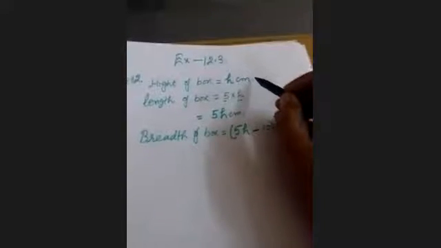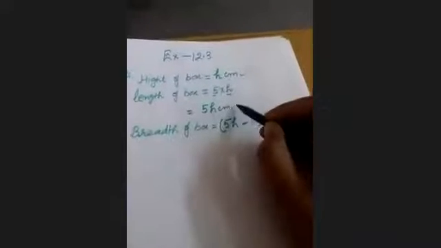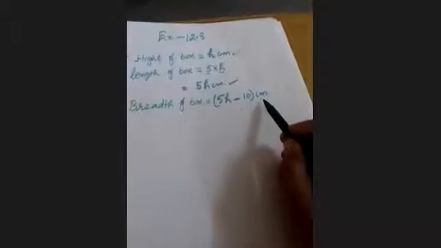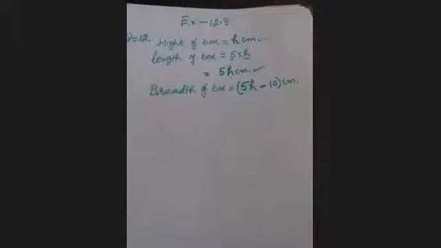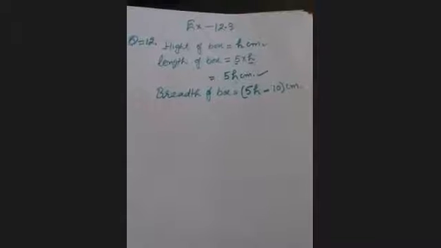Clear students? Now height is h centimeter, length is 5h and width is 5h minus 10 centimeter.